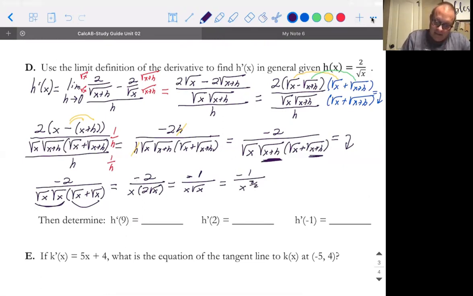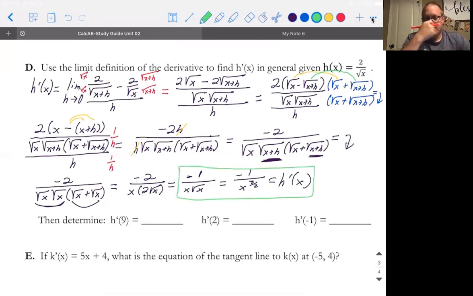So our h prime of x is either one of these. So to find h prime of 9, I think I'm going to use this first version here. So that would be negative 1 over 9 times the square root of 9.